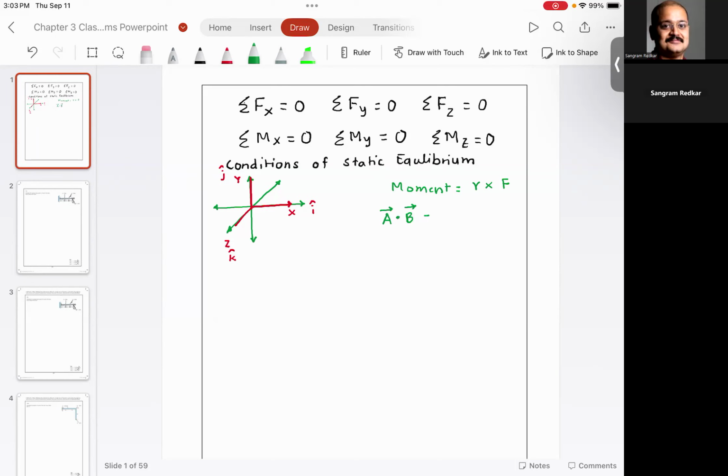One thing is a dot product. When you have a dot product, you multiply the magnitude of A, the magnitude of B, multiplied by the cosine of angle theta. This is called the dot product.